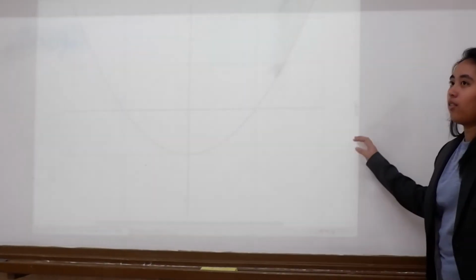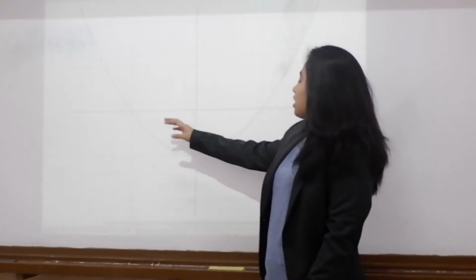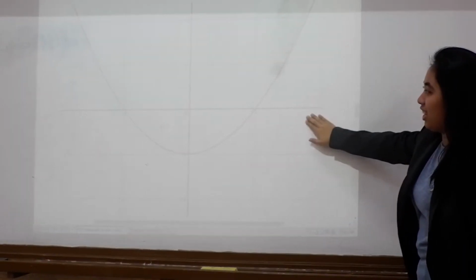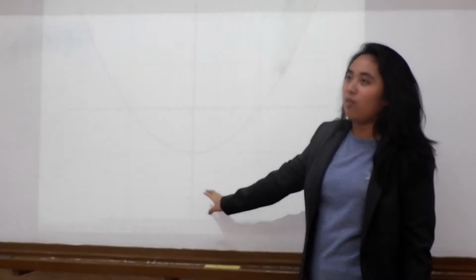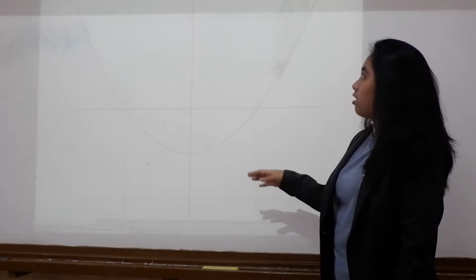To graph the quadratic function, you plot the x and y intercepts and the vertex. The x-intercepts, (negative 1, 0) and (1, 0), are here. And since the y-intercept and the vertex are the same, (0, negative 1). Since a is positive, the shape of the graph is an upward parabola.